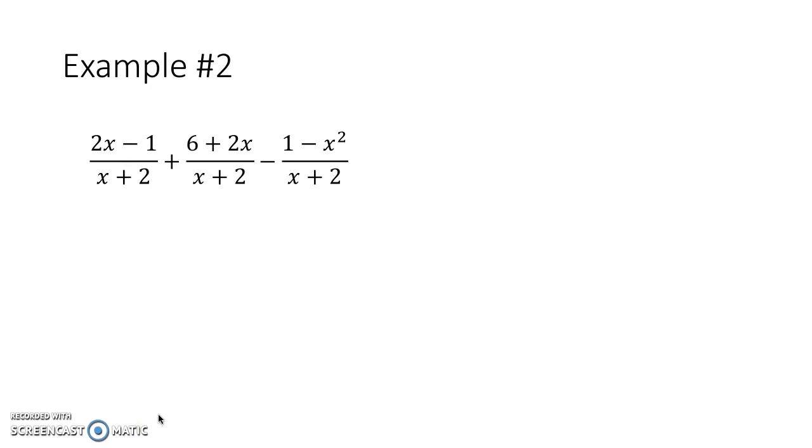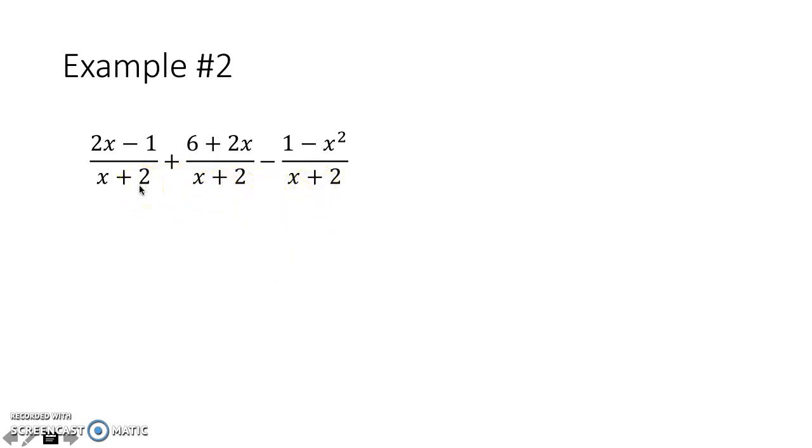Next example. 2x minus 1 all over x plus 2 plus 6 plus 2x all over x plus 2 minus 1 minus x squared all over x plus 2. Okay, so we have to rewrite this one into a single rational expression. So the common denominator is x plus 2.